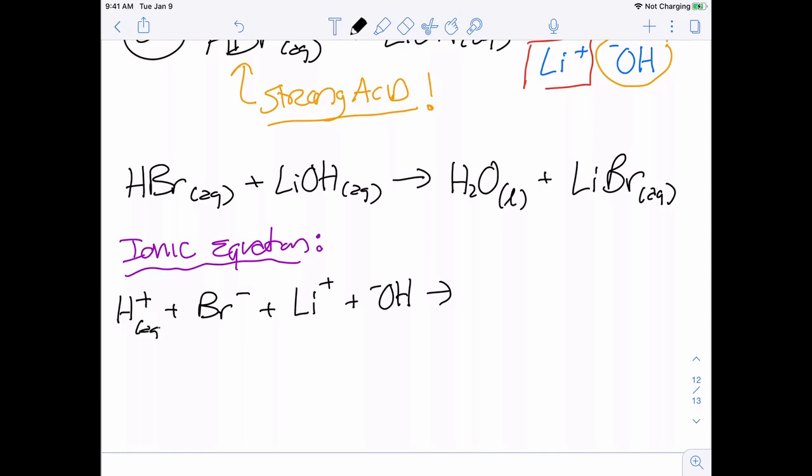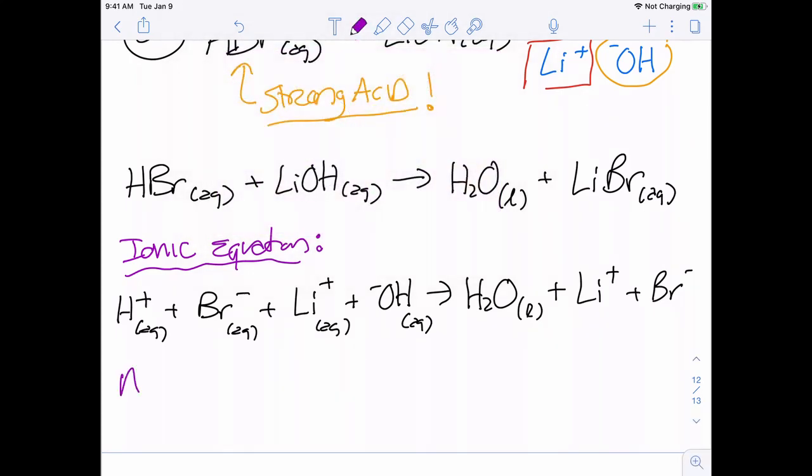These should all have AQs after them because they're all dissolved in water. Again, if it's written as an ion, it's going to be dissolved in water. The water, however, I do want that L. I will take off some points if you omit it. And then because lithium bromide, my salt is soluble, I'm going to write it in its ionic form.